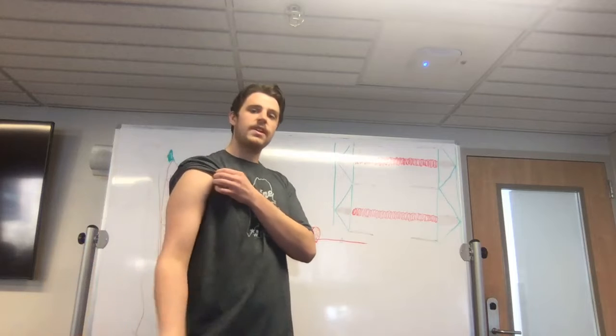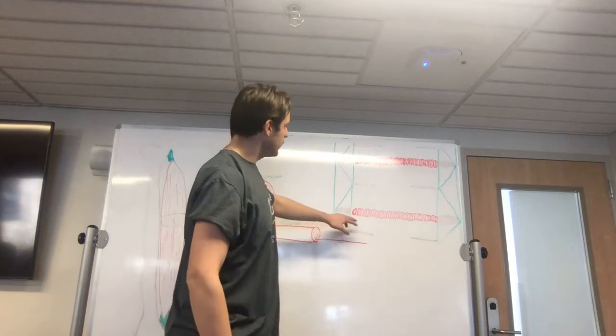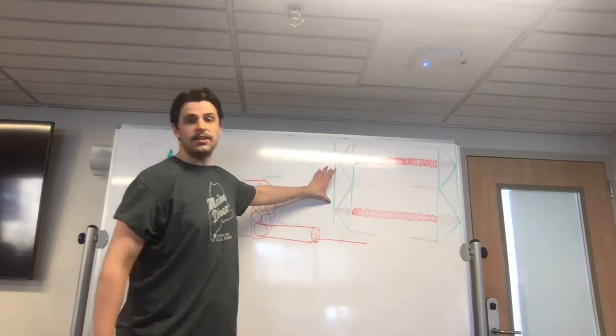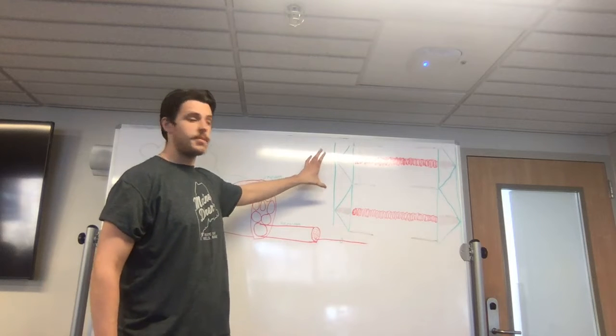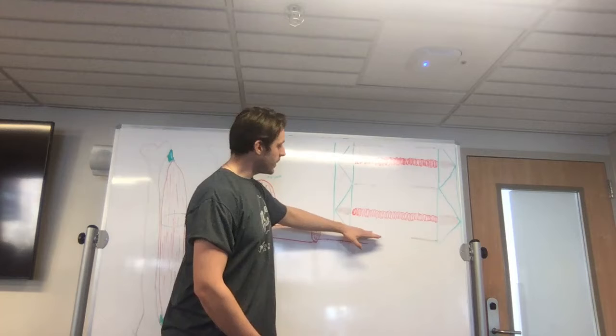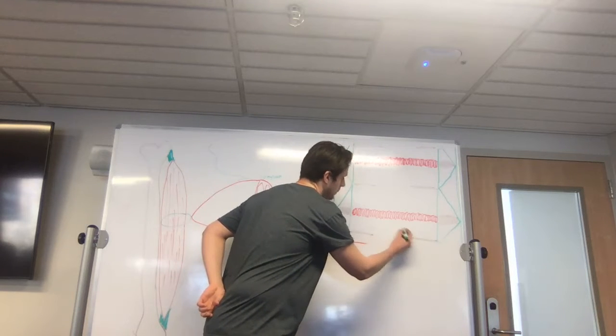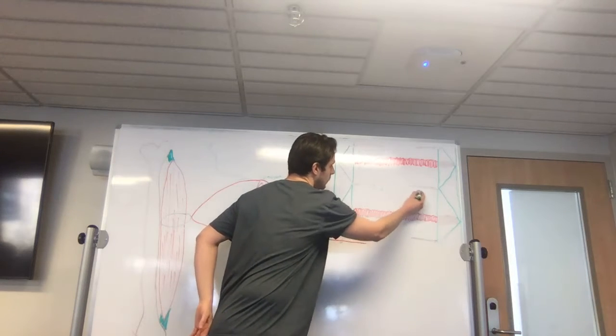So within that actual contraction of the bicep, we have thousands of these sarcomere base units. The actin is moving. So the actin pulls in on the myosin.